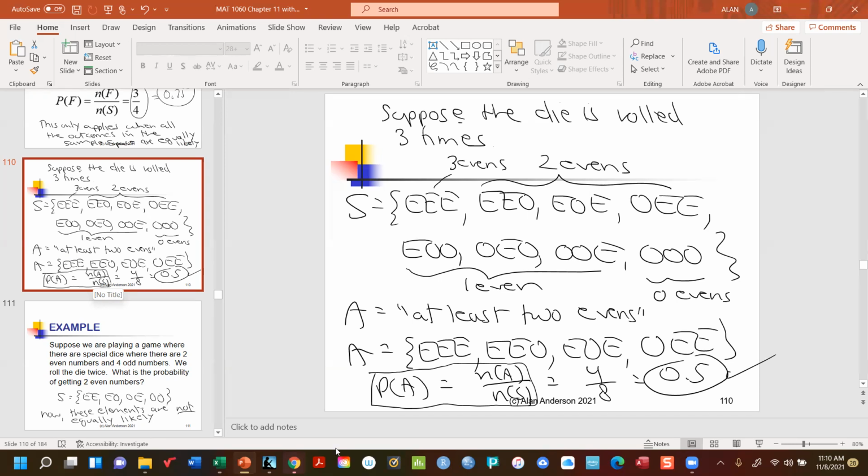And so therefore, the probability of this event A is the sum of these 4. I'm running out of space here, so I'll have to move it to the next slide. But the probability of A would simply be the probability of each of these added up, which of course is going to end up giving us 4/8 or 1/2. So let me just add that to the next slide.